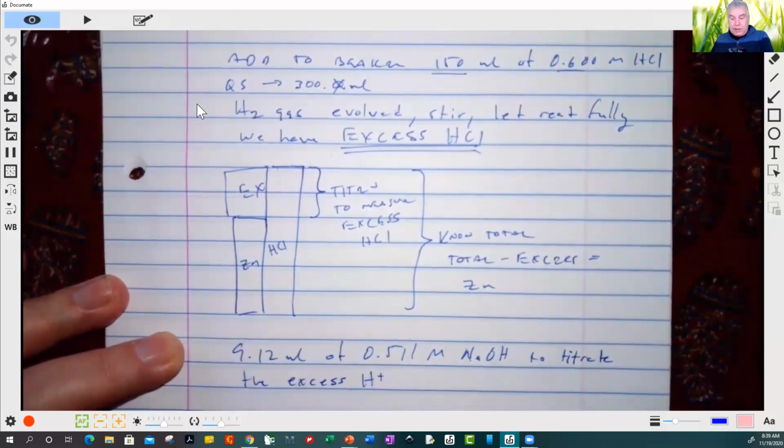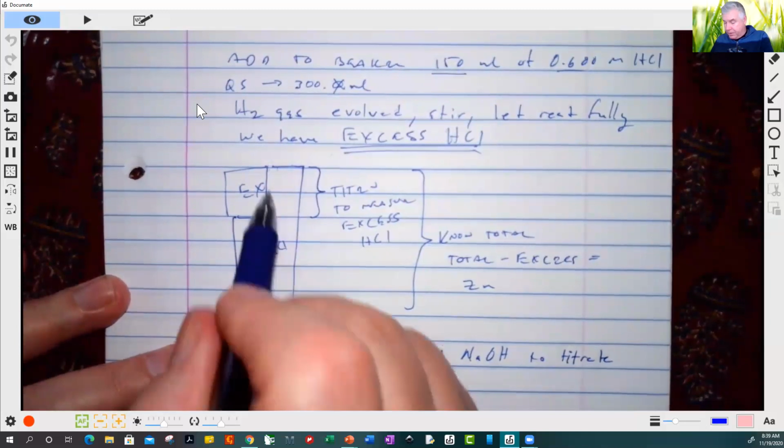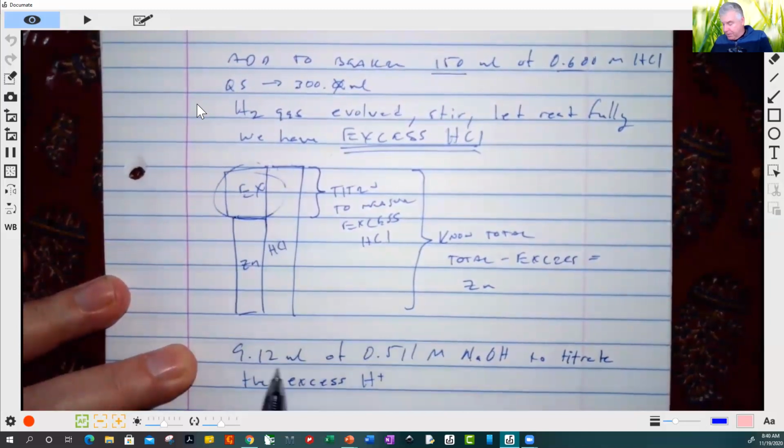So this basically tells us how many moles of excess H plus we had, right? It's going to be this times this, right? So let's say that the excess. Oh, I see.